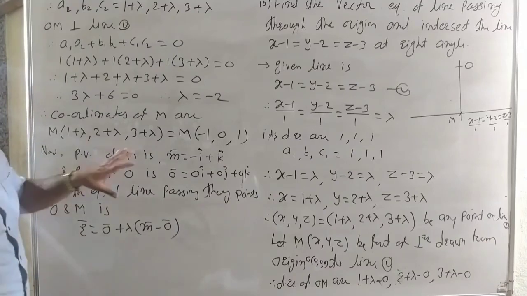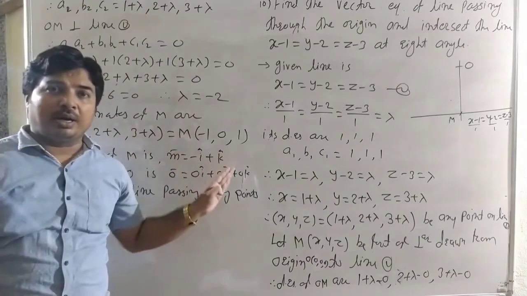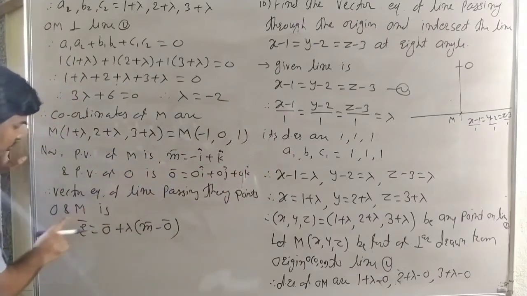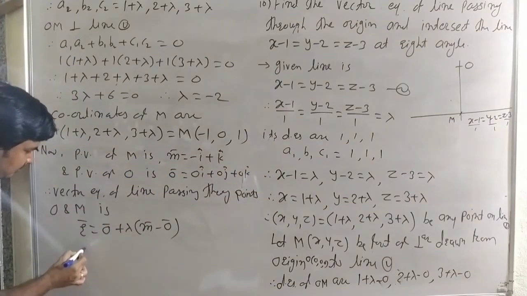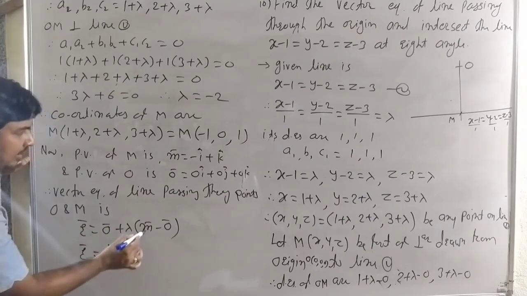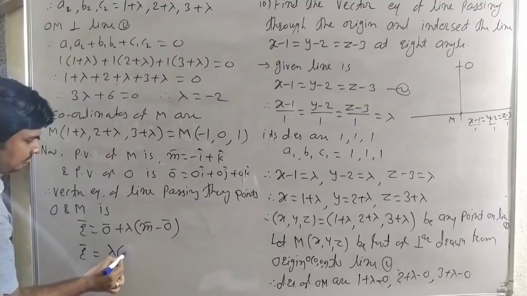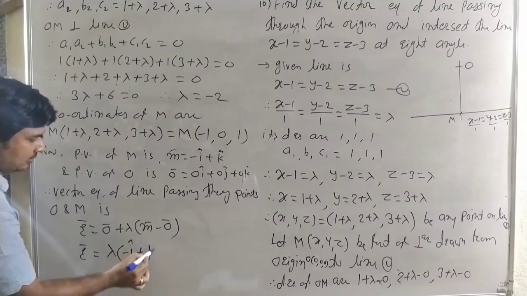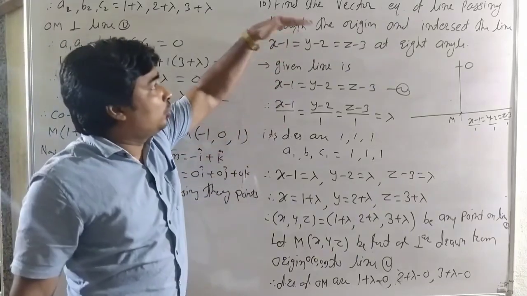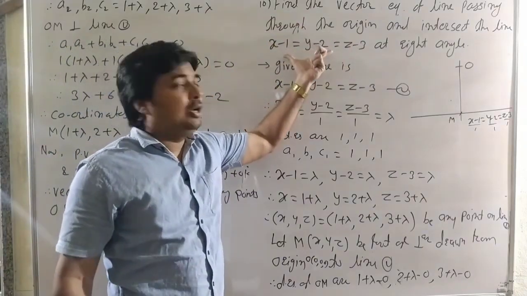We know the vector equation of a line: r bar is equal to a bar plus lambda into b bar minus a bar. There are two points O and M, and therefore r bar is equal to O bar, which is 0, plus lambda times M bar minus O bar, which is minus i cap plus k cap. It is the required equation of the line passing through the origin and perpendicular to this line.